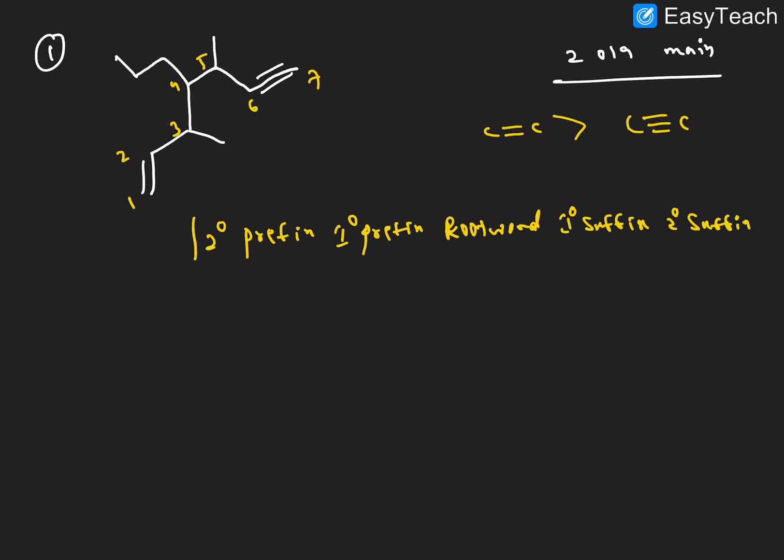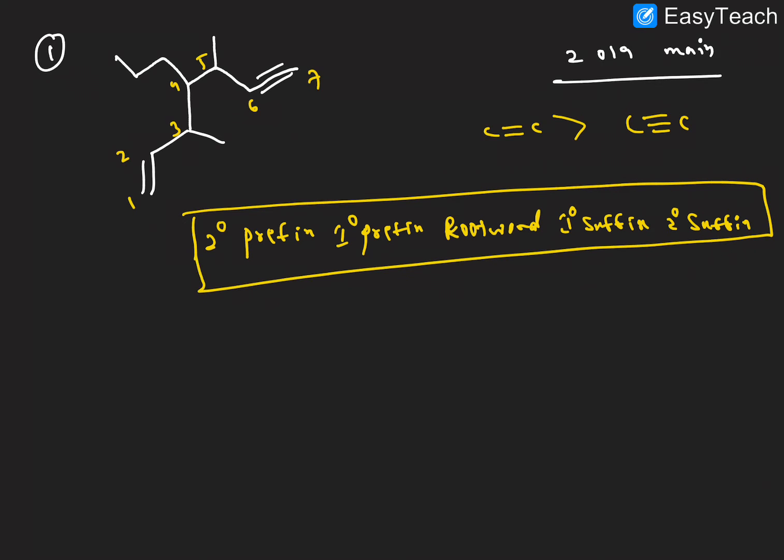This order we want to follow whenever writing IUPAC nomenclature. I already discussed this in video number 1. Here, the secondary prefix is the substituent.